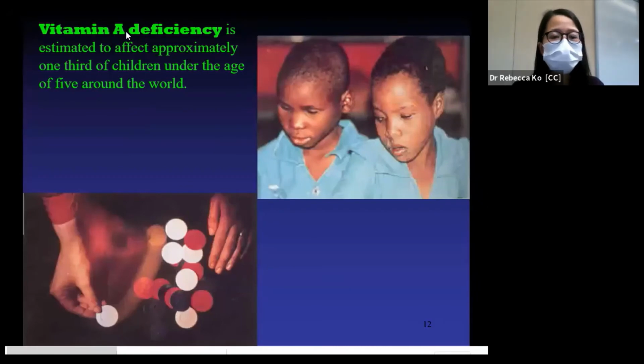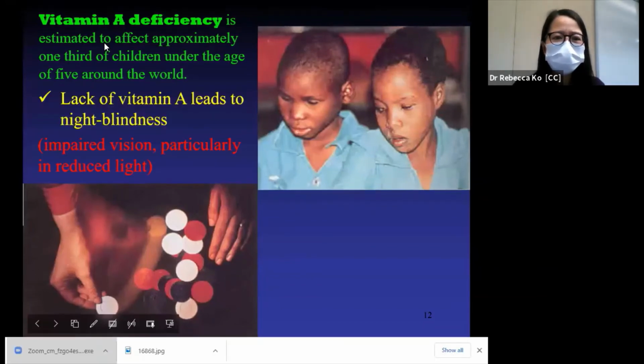You know, vitamin A is important to us, but it's estimated that around 1/3 of children under age 5 around the world have a deficiency of vitamin A, and lacking vitamin A will lead to night blindness.